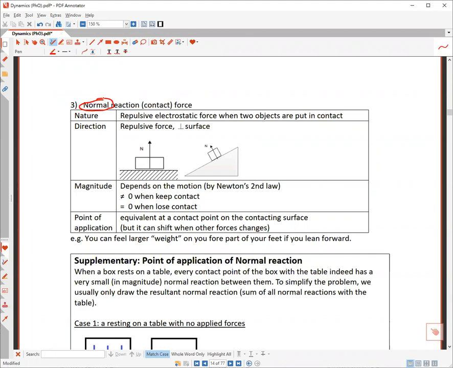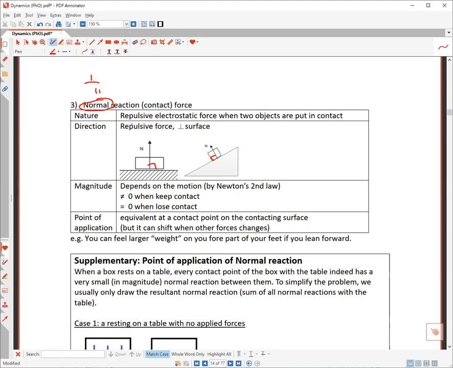Normal in physics also means perpendicular. So this force is always perpendicular to the surface, like this one or this one.